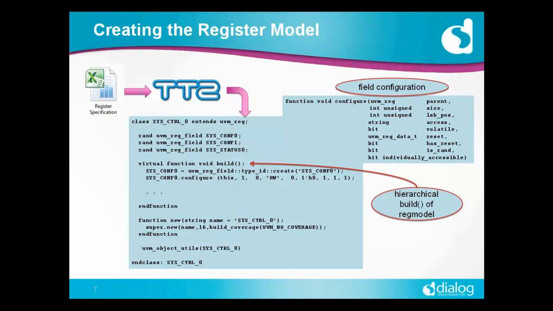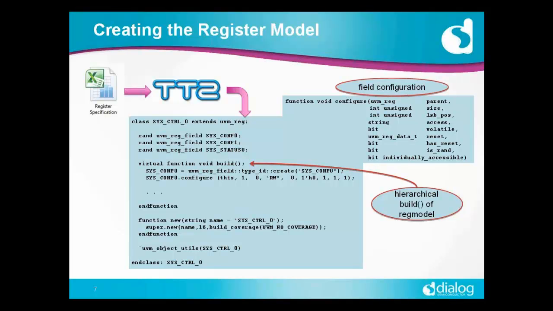So you'll see that you've got a field configuration method there, which basically says things like how big is this field, what's the LSB, what sort of access has it got, the access policy, read only, write read, this sort of stuff, is it volatile, the reset value, etc. So that's how you create the class for your register model in terms of the fields.